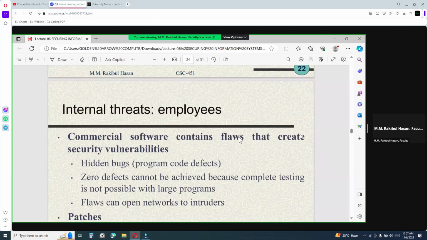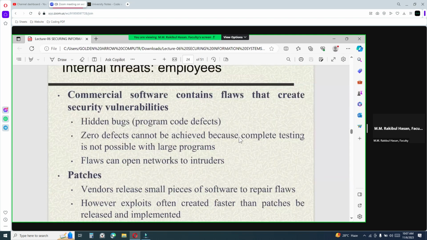So before purchasing the software, you have to check whether it contains any bug or not. Sometimes the developer creates some bug, or intentionally uses spyware that tracks what you are doing and what business secrets you are passing.